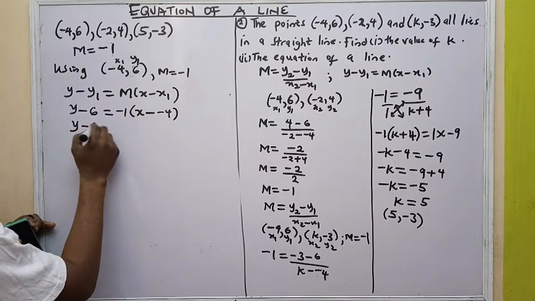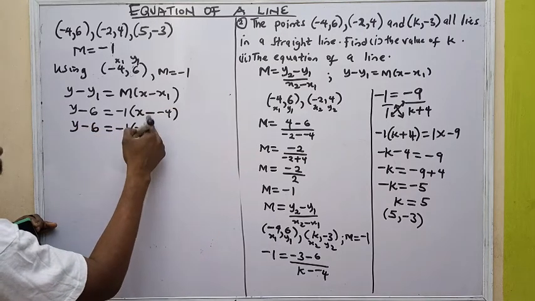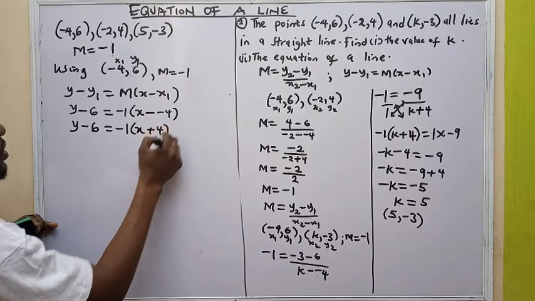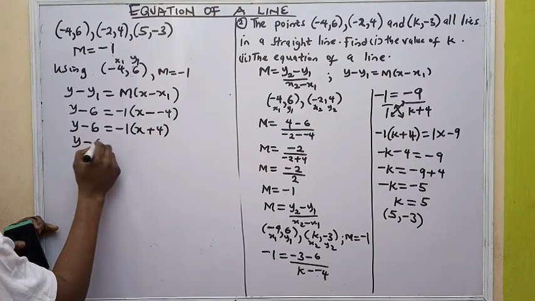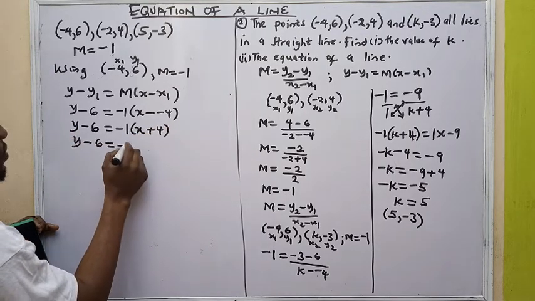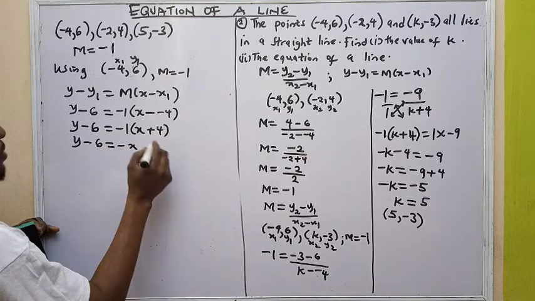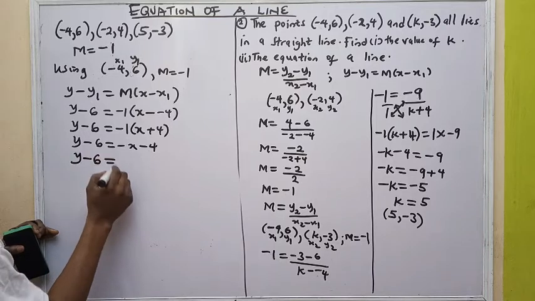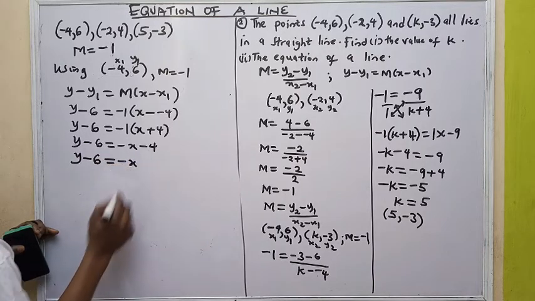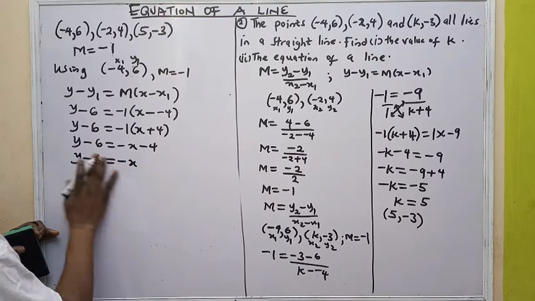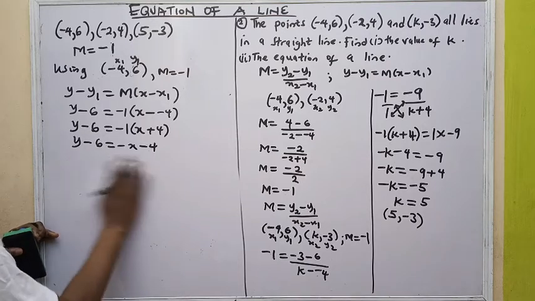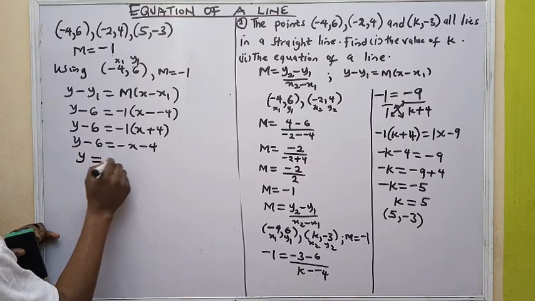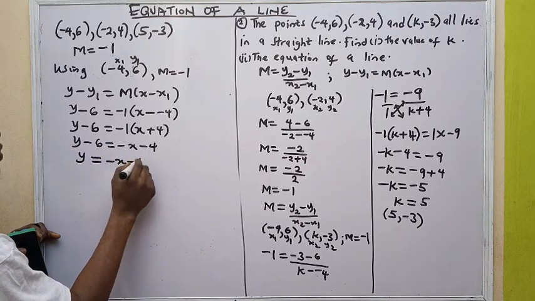So y minus 6 equals minus 1 bracket x minus minus is plus 4. So y minus 6 equals minus 1 times x will give you minus x, minus 1 times 4 will give you minus 4. So therefore y minus 6 is minus x minus 4.